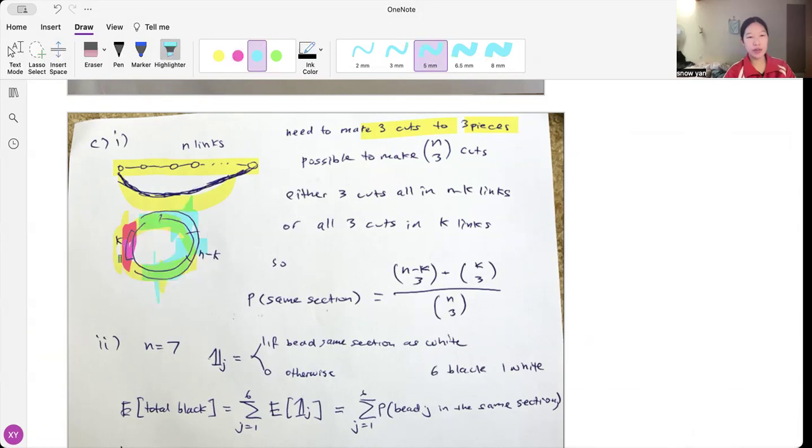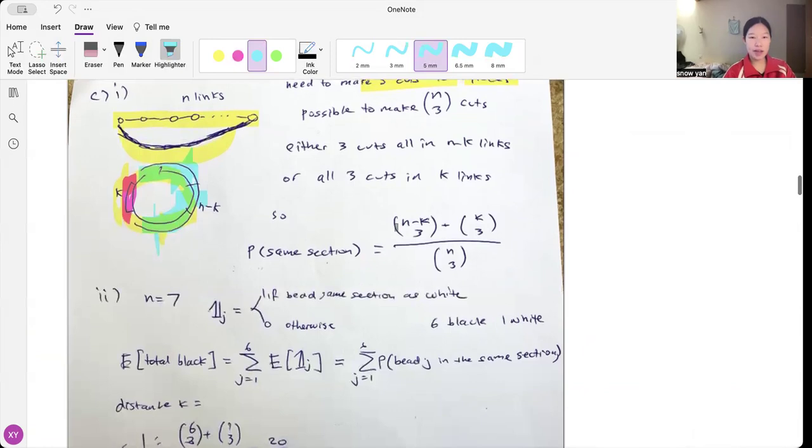Otherwise, I would cut within the k. If I make three cuts all within the k links, then it also works, because I just have the same section over here with the n minus k, my blue part. So no matter what, the three cuts have to be concentrated in one region, either the pink or the blue. The pink has k links and the blue has n minus k links.